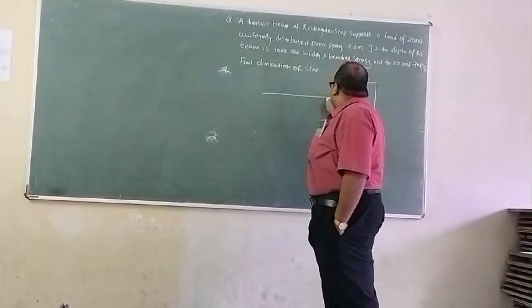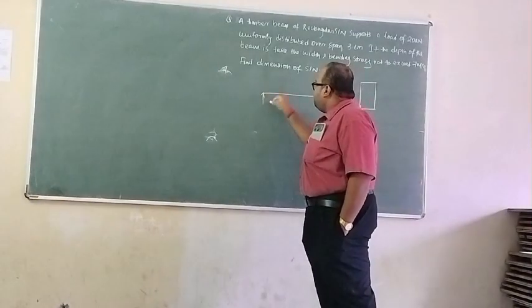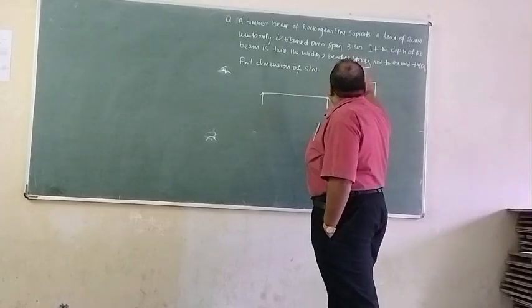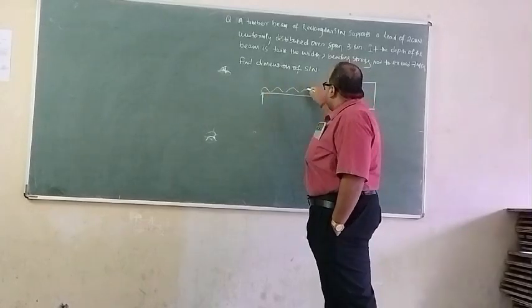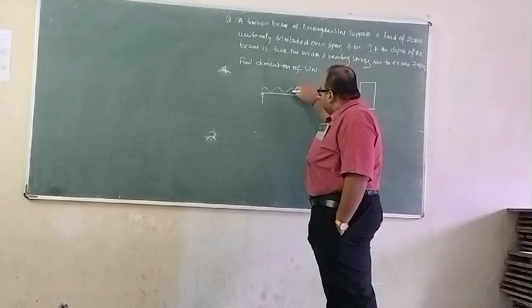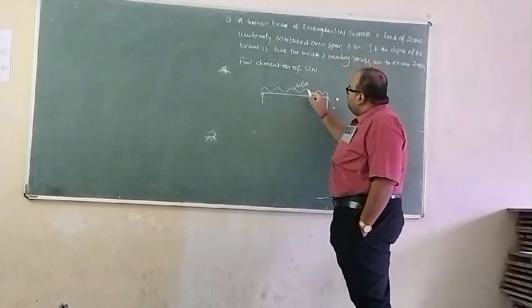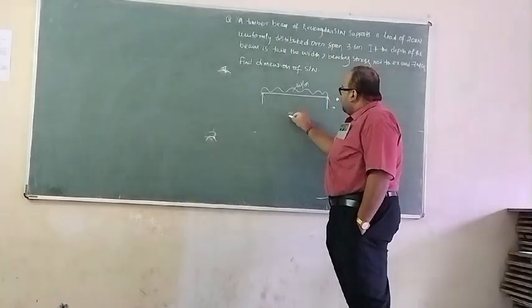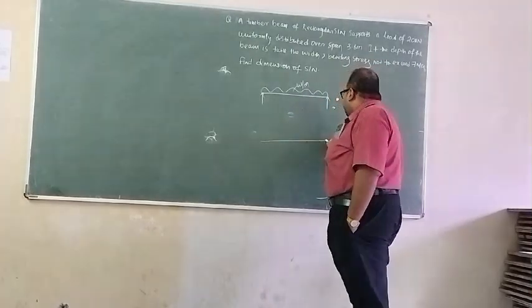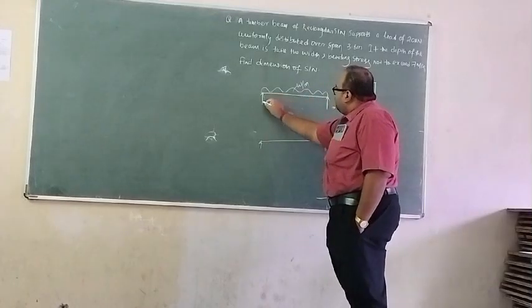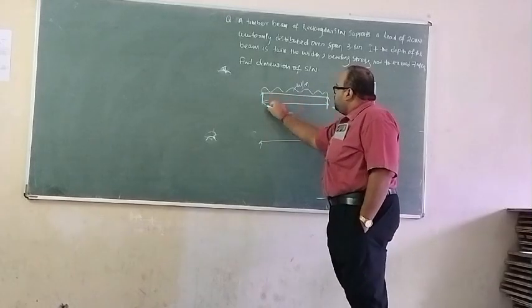See here, this is the simply supported beam with rectangular section, and here UDL is present, W per meter, and which equals its equivalency diagram W multiplied by span.